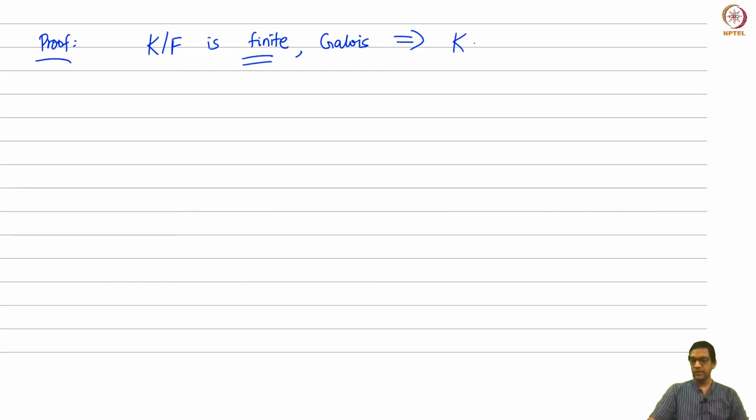In other words, because K is a finite Galois extension, it is the splitting field of some polynomial f(x) with coefficients in F[x].